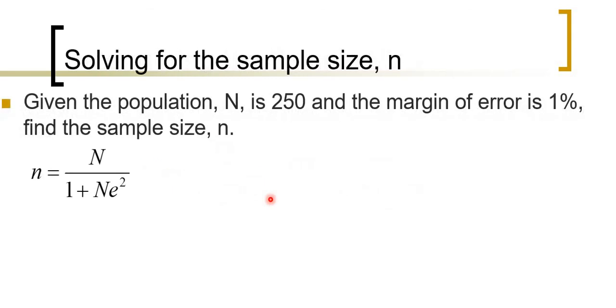Let's have this example. Given the population size is 250 and the margin of error is 1%, let us find the sample size n. Do take note that even though 250 is relatively small and you might have the budget to survey 250 people, you might not have enough time and you still want to find the sample size.